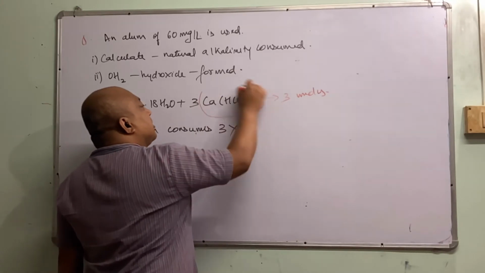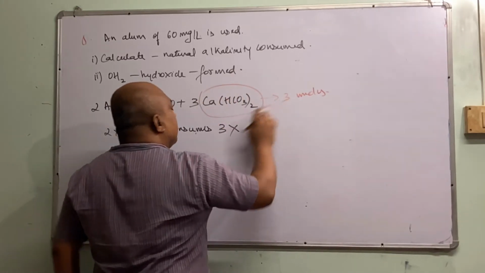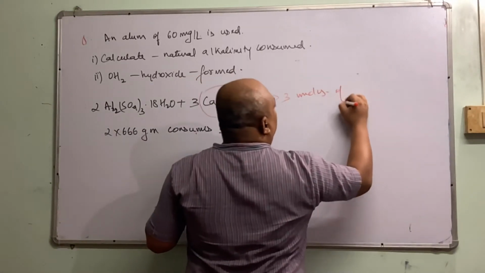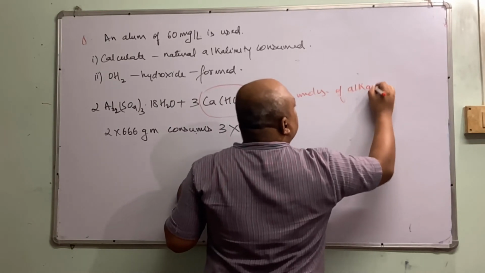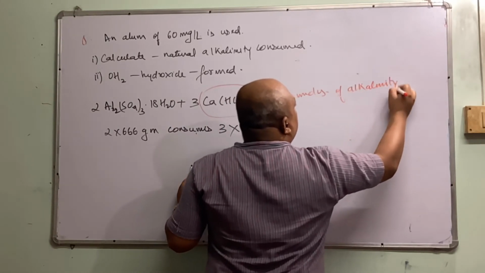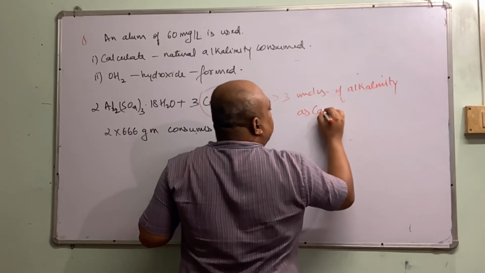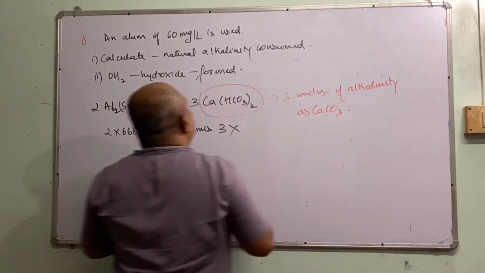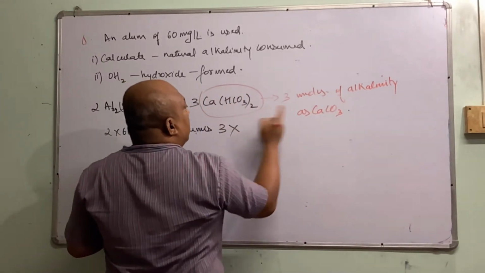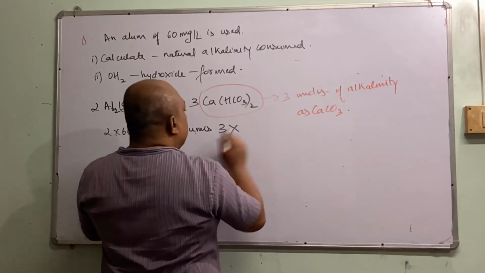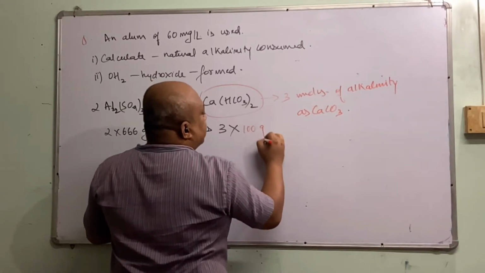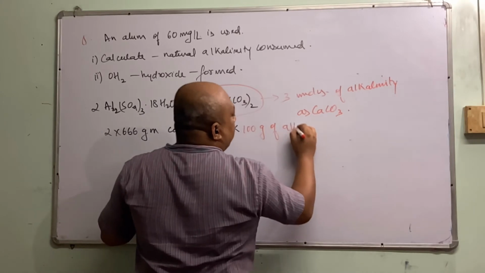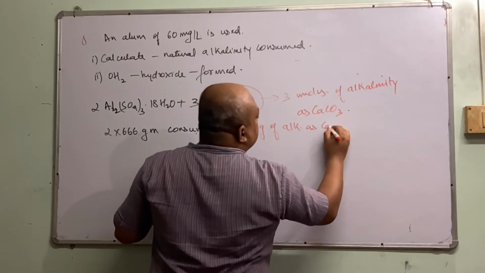Rather, this is 1 mole of alkalinity, so I'll say this is 3 moles of alkalinity as calcium carbonate. So 3 into 1 mole of calcium carbonate is 100, so I'll say 300 grams of alkalinity as calcium carbonate.